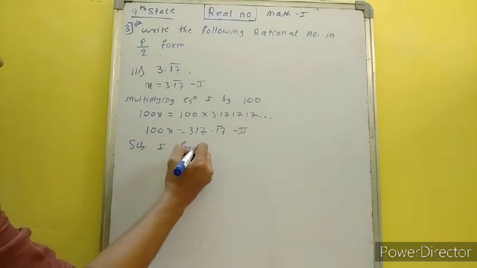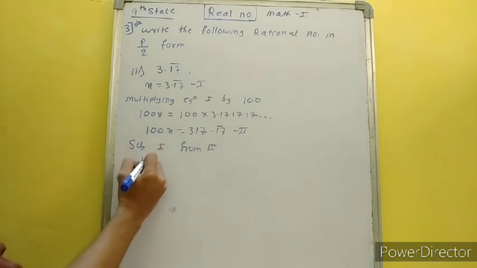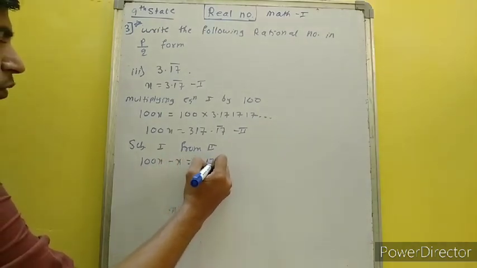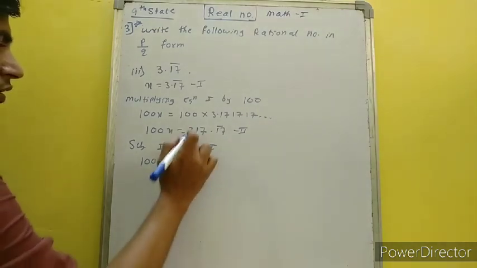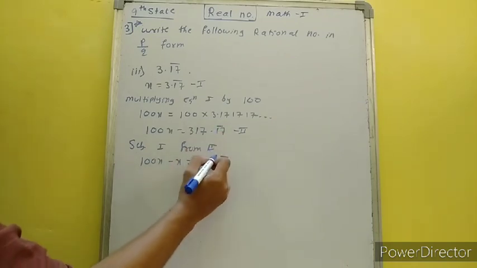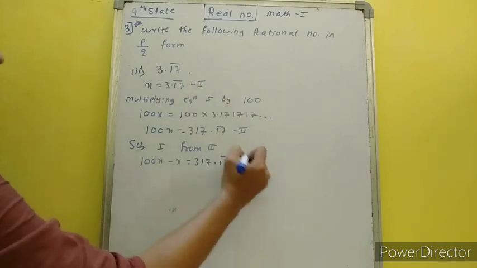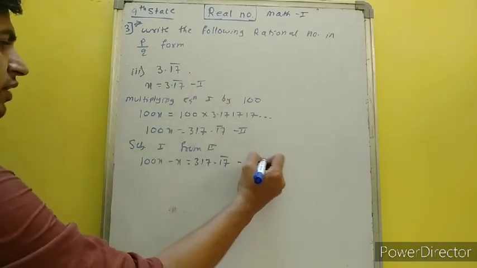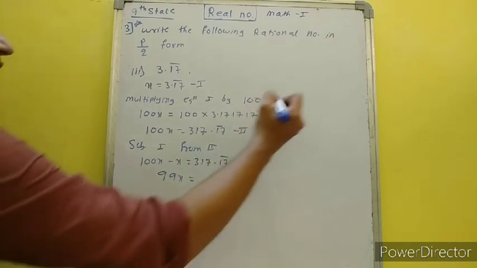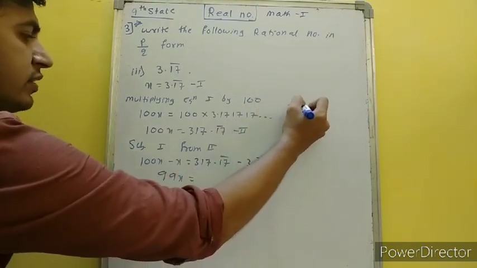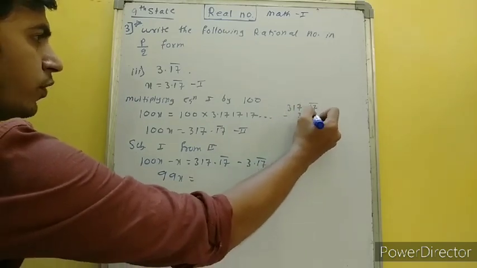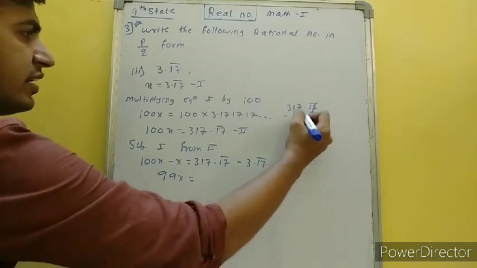Now I will subtract 1 from 2. So it is 100x minus x. The bigger number is 317.17 recurring minus 3.17 recurring. So 100x minus x is 99x, and 317.17 recurring minus 3.17 recurring gets cancelled.